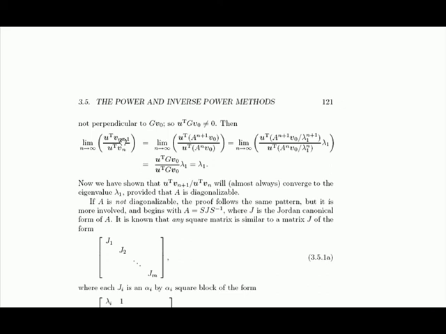But to find the ratio, which is going to be our lambda 1, one way of doing it is to simply take ratios of the components. In general, we can take the dot product of vn plus 1 with some vector and vn with another vector, and that should approximately give us our lambda 1.